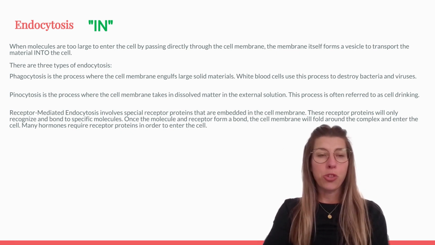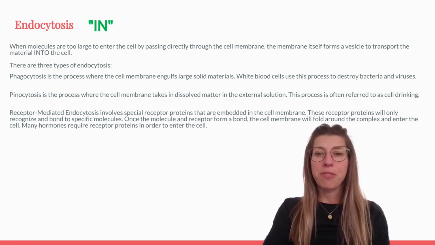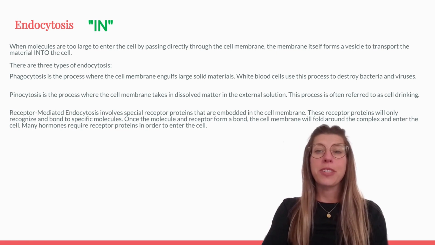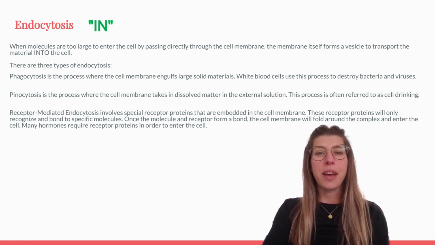When molecules are too large to enter the cell by passing directly through the cell membrane, the membrane itself forms a vesicle. As the material comes in contact with the cell, the membrane wraps around the material and brings it into the cell, and it forms a vesicle once it breaks off and enters into the cell.